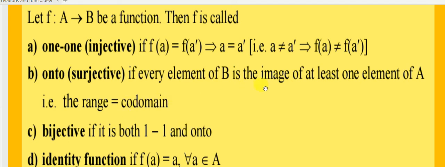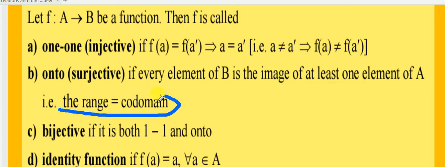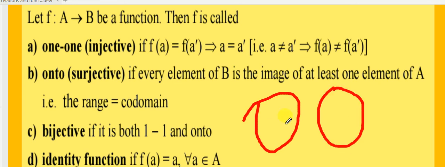If every element of B is the image of at least one element of A, that is, if the range is equal to the codomain, then we say that the function is onto or surjective. You can take these examples. Distinct elements going to distinct elements is a one-one function.